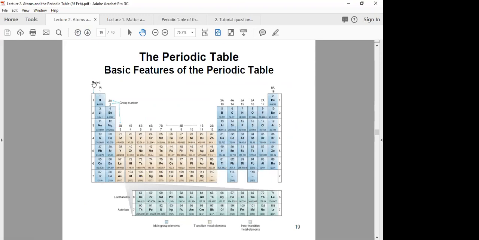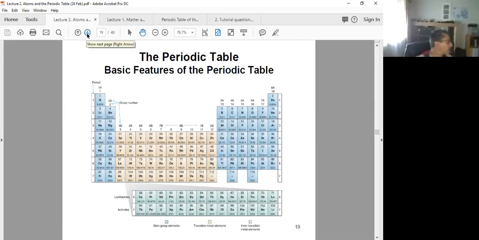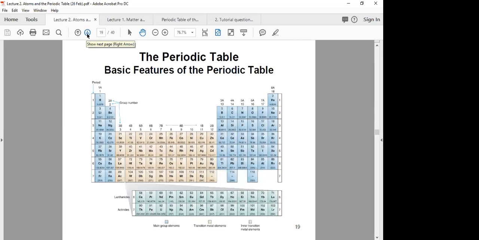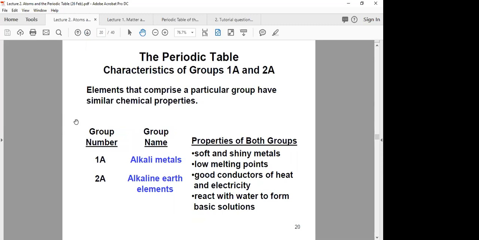Okay, so here we see period numbers indicated, group numbers indicated, lanthanides down here, actinides in the bottom row, and we've also got some colour coding so that you can see which ones are the main group elements in darker blue, transition metal elements in these short rows here, and the inner transition metal elements. Okay, not particularly important apart from the main group elements. They're the ones that we tend to deal with a lot.